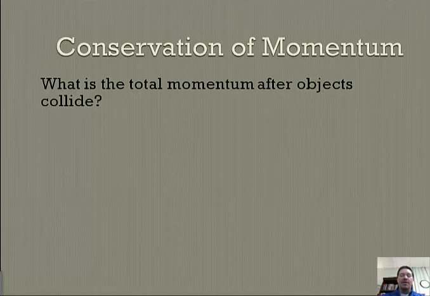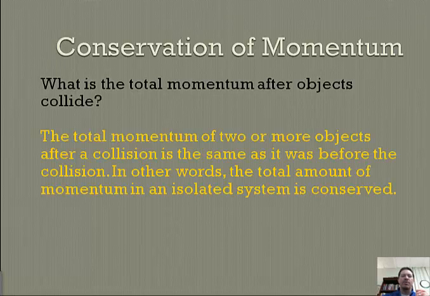The other item that we have on this is conservation of momentum. What's the total momentum after an object hits another object? We've got that collision that takes place. The total momentum of two or more objects after a collision is the same as it was before the collision. We can also say the total amount of momentum in an isolated system is going to be conserved.